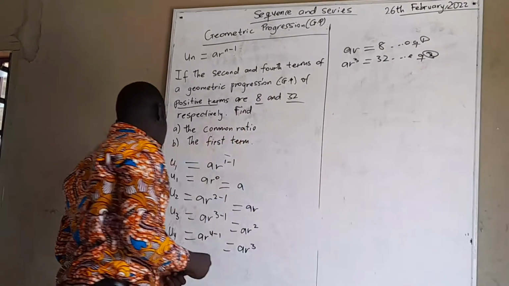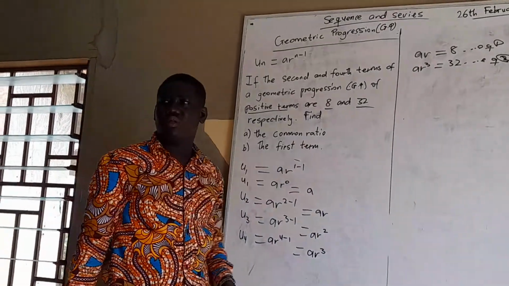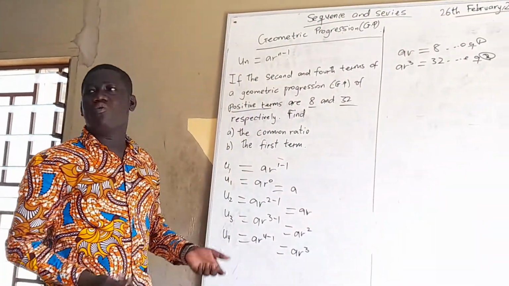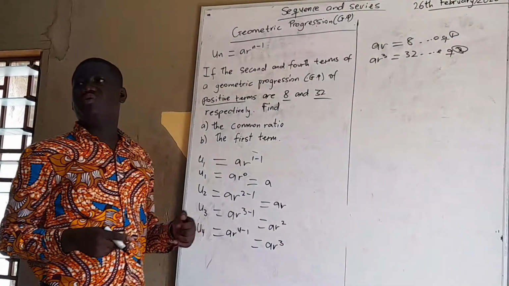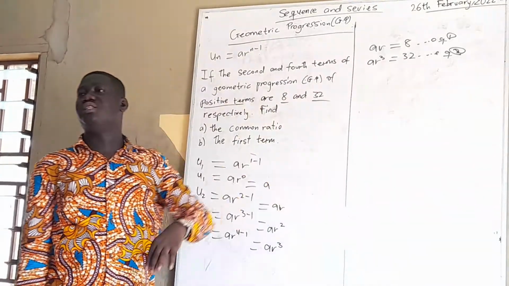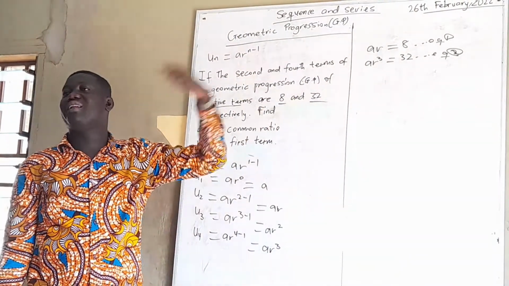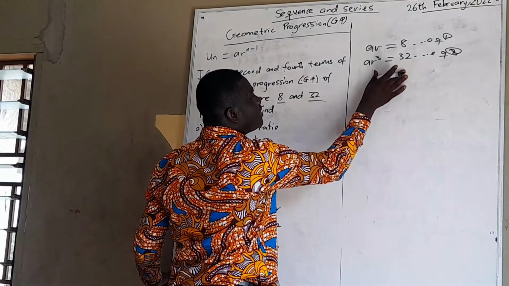Okay, good. Now we are told to find the common ratio, and a way of finding the common ratio is always by dividing through the terms, the next term divided by the previous term. So we need to divide these two terms.